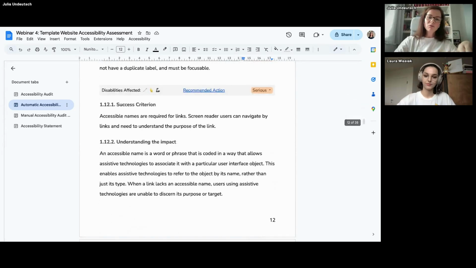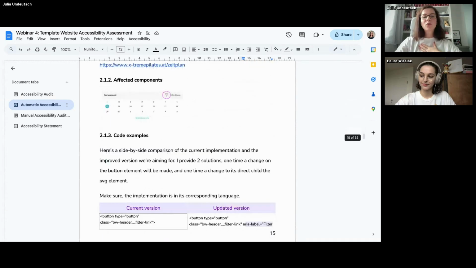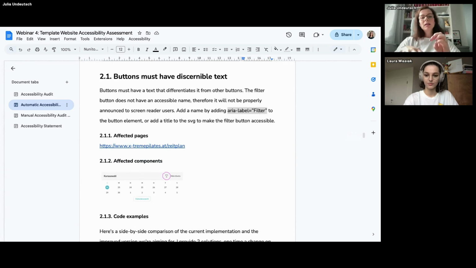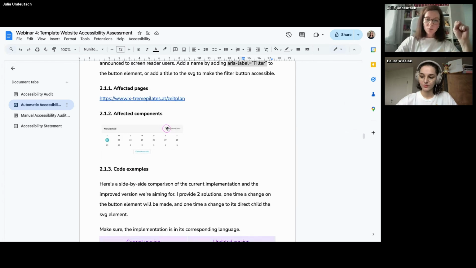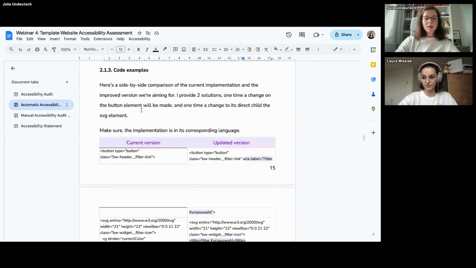And the part which was the most interesting one for me, of course, as a developer, is how to fix them. So the last section is my recommended actions for improving accessibility. I tried to make it as detailed as possible: where the actual problem is, which page is affected, which component is affected, what is the problem, like the ARIA label was missing, and the code example I shared.